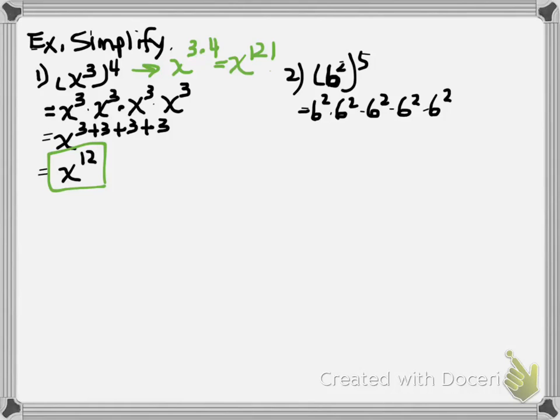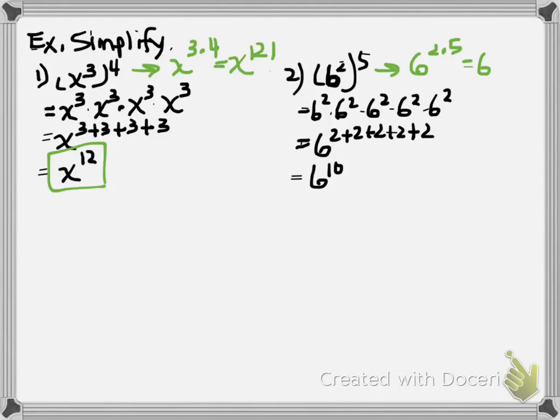And then again, that would be 6 to the 2 plus 2 plus 2 plus 2 plus 2 power, or 6 to the 10th power. If you think about powers to powers, we're taking 6 squared and raising it 5 times. So that gives us 6 to the 10th power. So really this idea is a time saver.